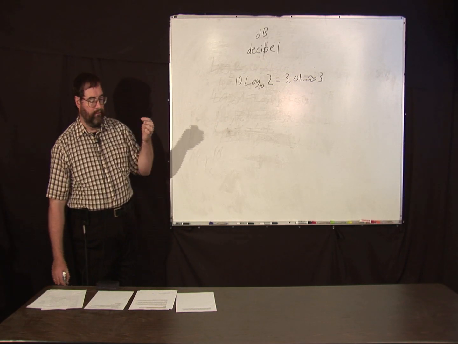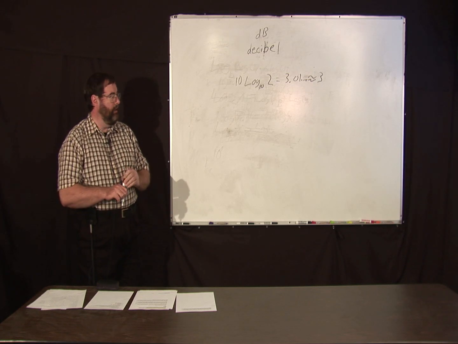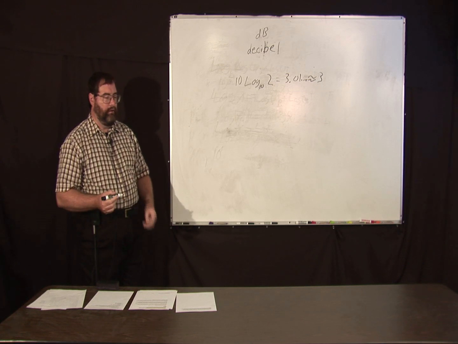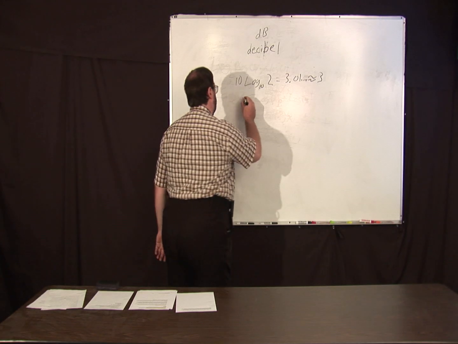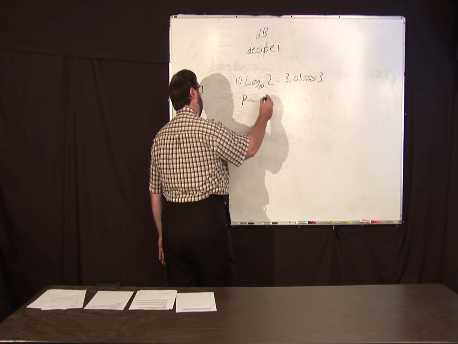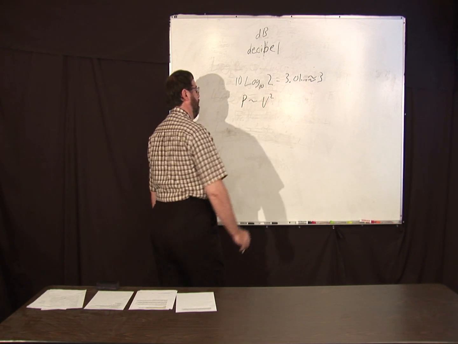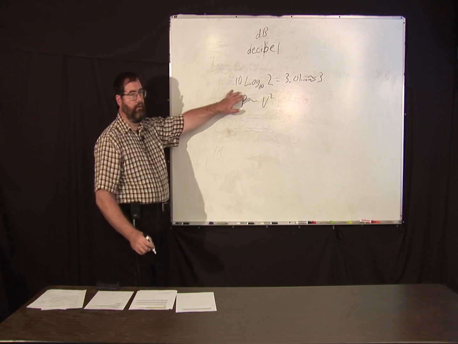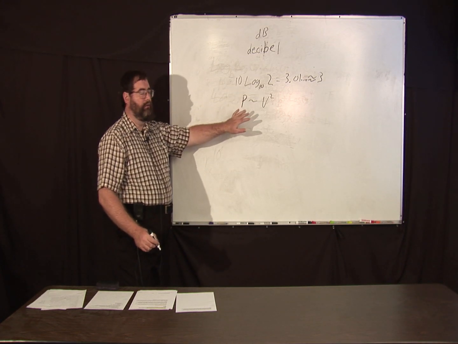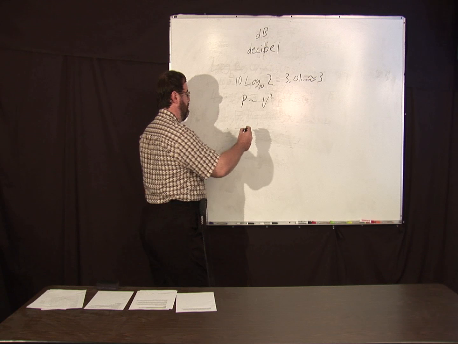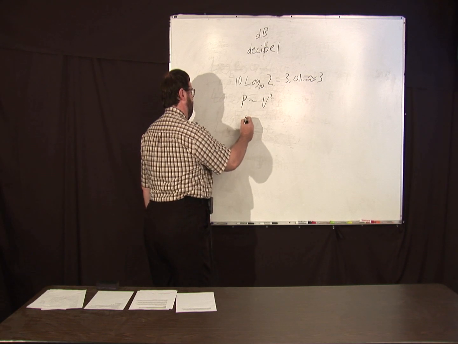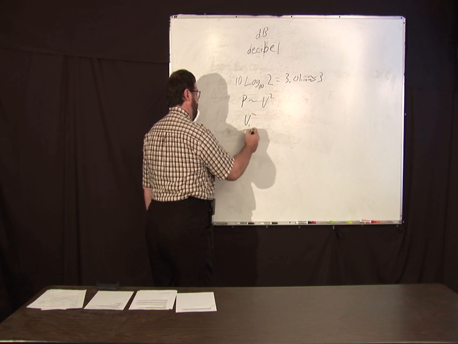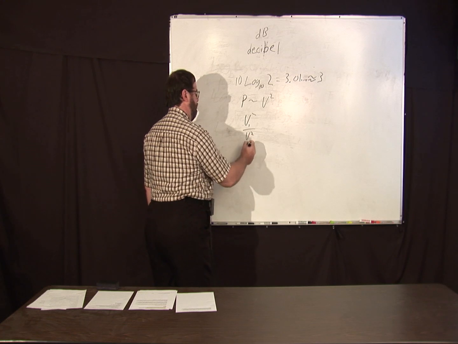Now, if you know a little bit of electronics, you know that power is proportional to the voltage squared. So a power ratio is going to be V1 squared over V2 squared, right?